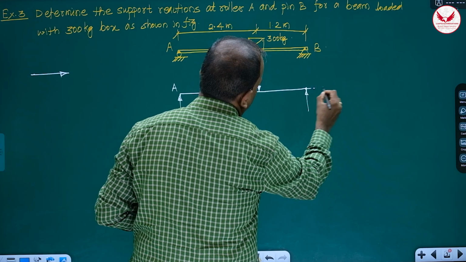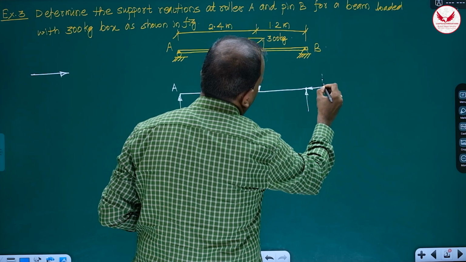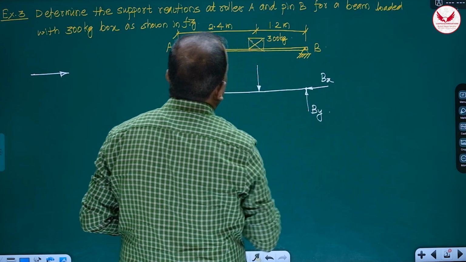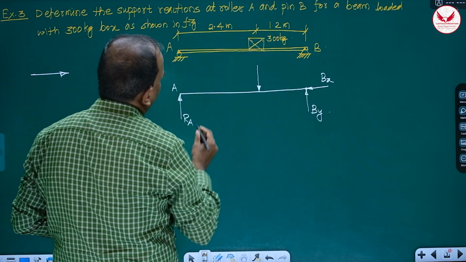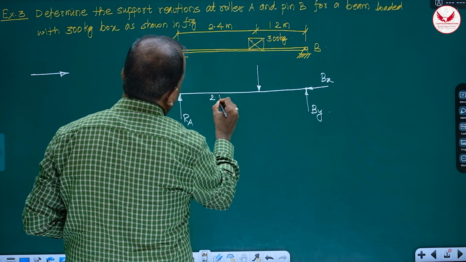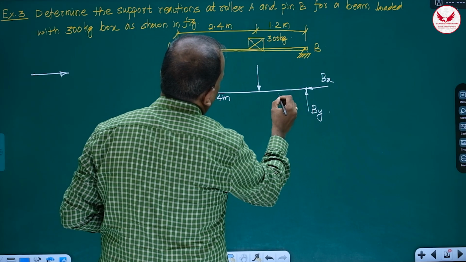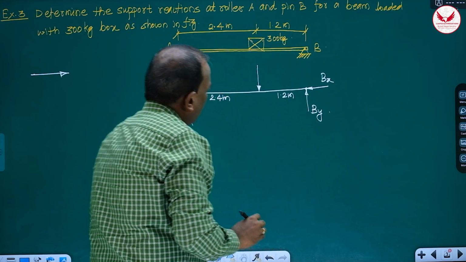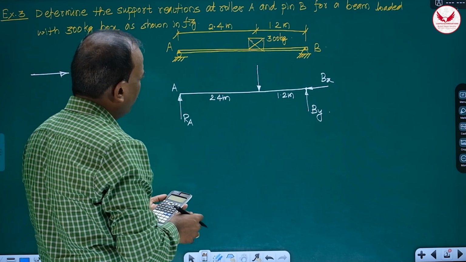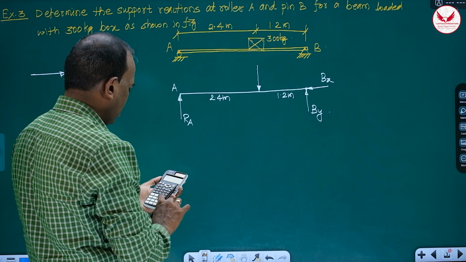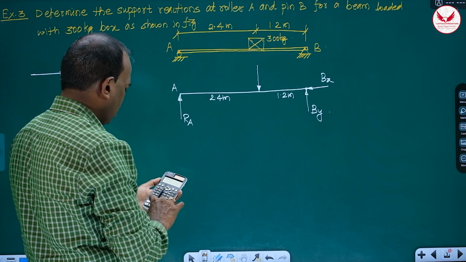It is two components, BX and this is BY. From this point to this point, this distance is 2.4 meter and it is 1.2 meter. You can write like this. And the force we will calculate: 300 kg, 300 into 9.81.